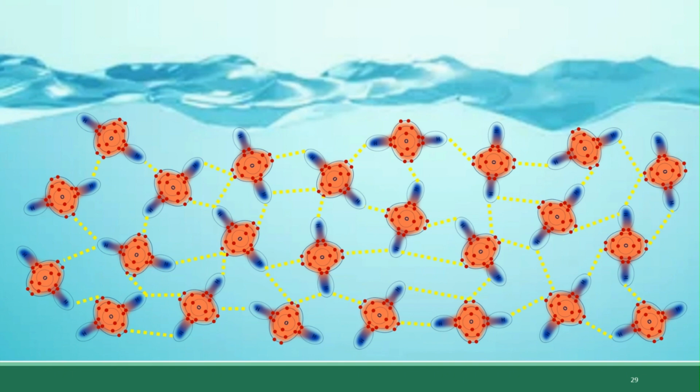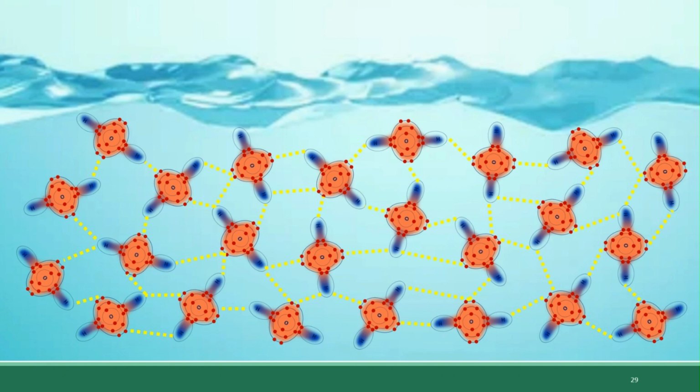So these yellow dotted lines here represent this network of attractions between separate water molecules. And you can imagine how the water molecules want to stick to each other and remain as a cohesive unit. This all arises from the fact that they are polar molecules.